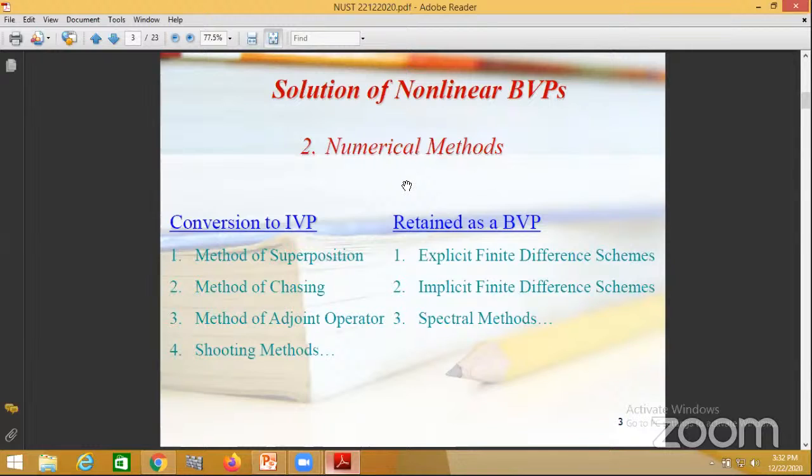One can also directly solve the boundary value problem, if one doesn't want to convert the boundary value problem to the initial value problem. There are many options as well, like explicit finite difference schemes of different order, and implicit finite difference schemes.